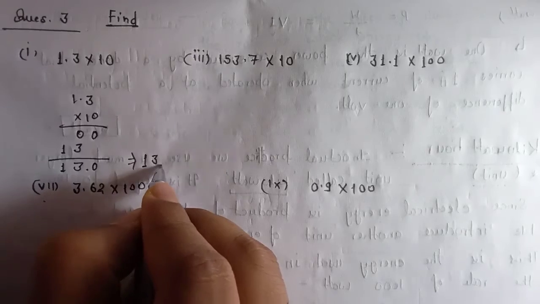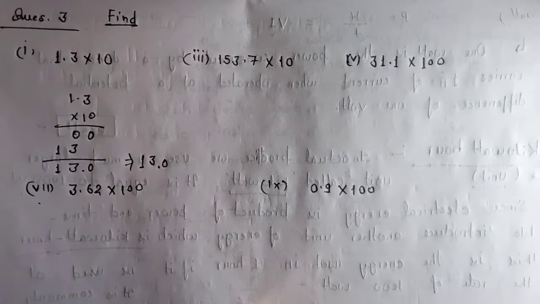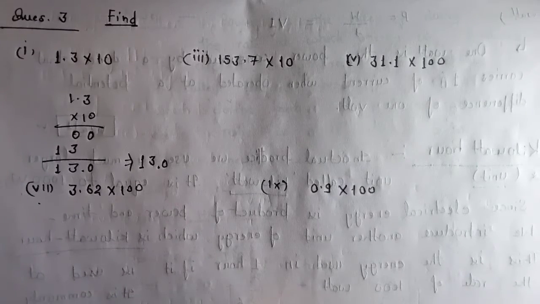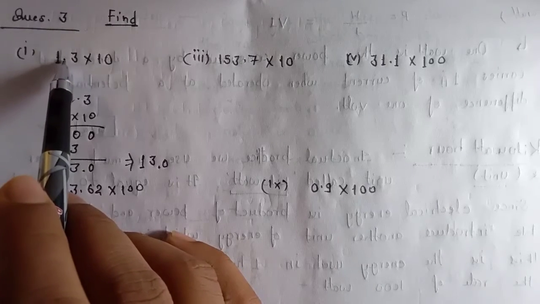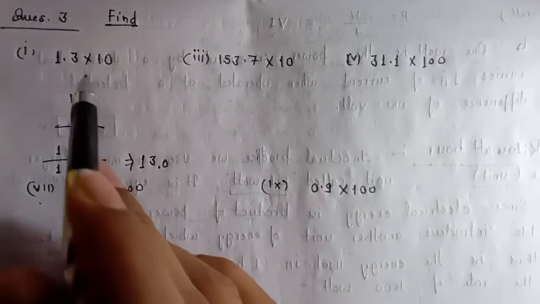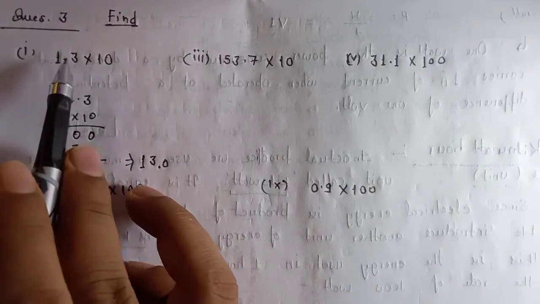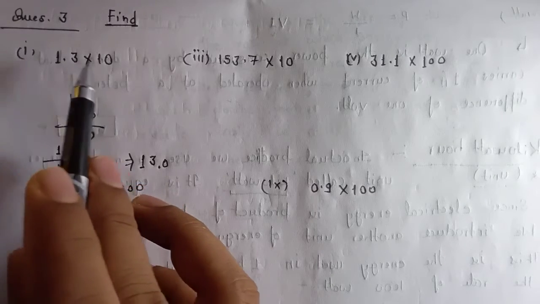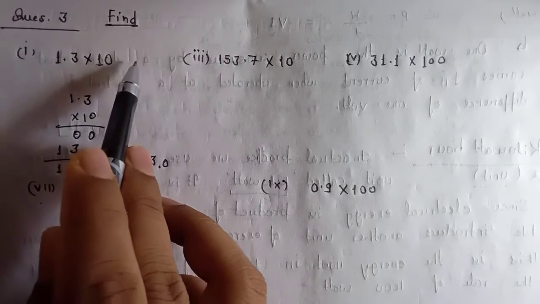So 13.0 or 13. If there is nothing after the decimal point, if there is 0, you can write your number 13 directly. You can eliminate this decimal point here. So simply if we move this decimal point to the right side, we get our answer. We have to carry this one place to the right hand side because we are multiplying by 10, and there must be zeros.